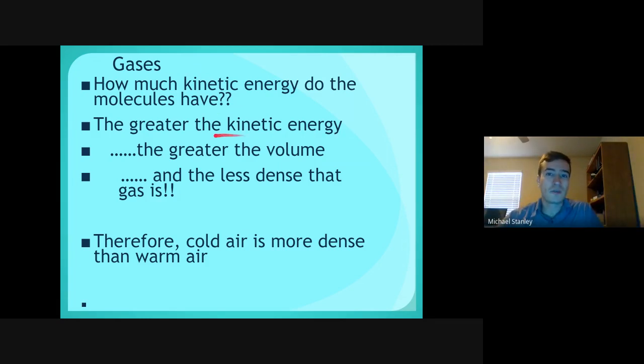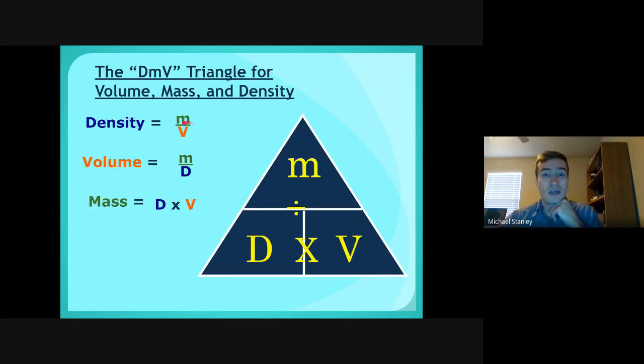The more the particles move around, the more kinetic energy they have. That causes them to be spread out more, further apart overall, which makes their volume go up. And if you think about our density equation, if the number down here, the volume, is getting bigger, that means your density is going to get smaller. You're going to have a lower density if you have a really big volume.